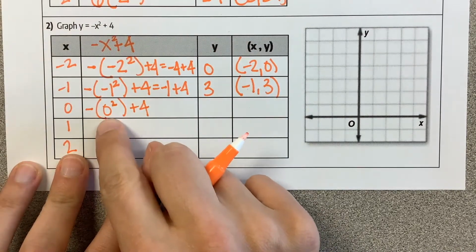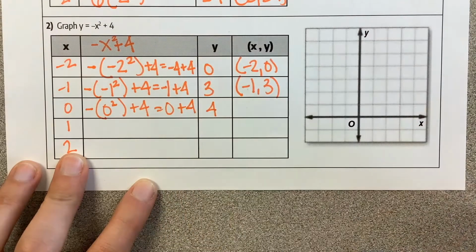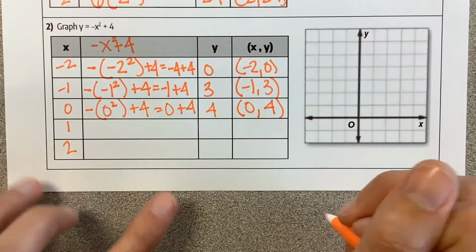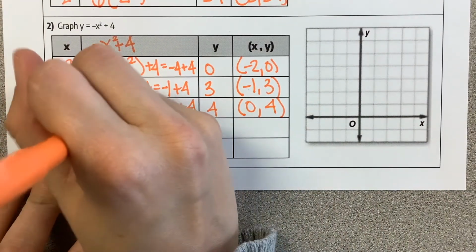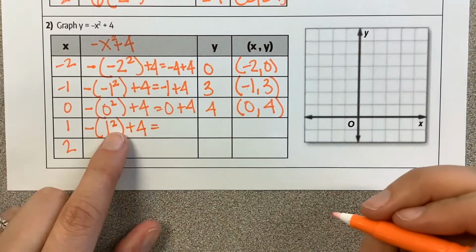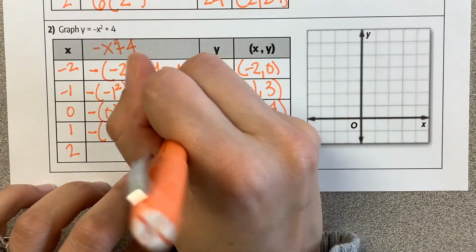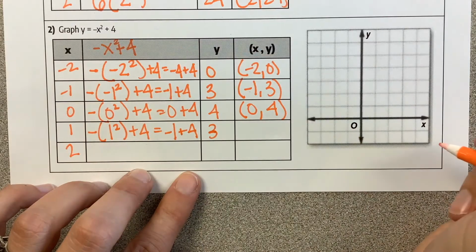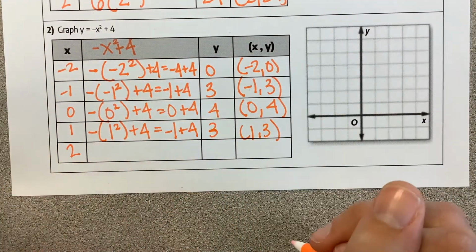Well, you can't have a -0, so this is just 0 plus 4, which is 4. So we get the ordered pair 0, 4. Plugging in 1: -1 squared plus 4. 1 squared is 1. Apply the negative, we get -1 plus 4, which is +3. So we get 1, 3.